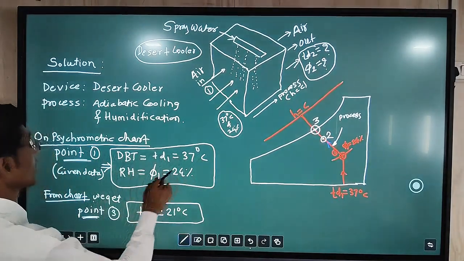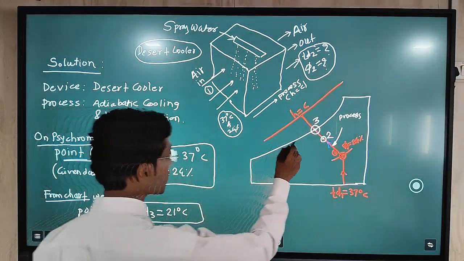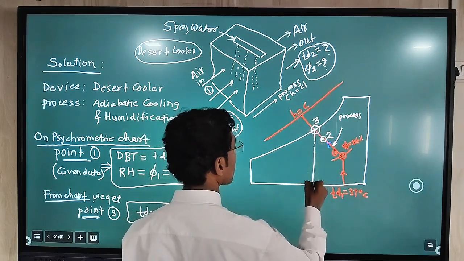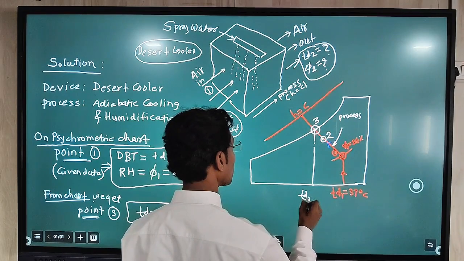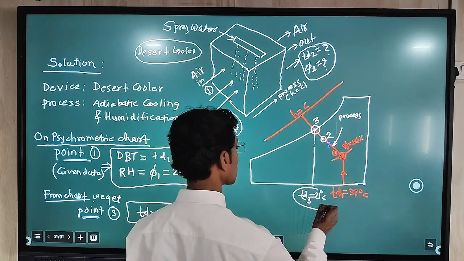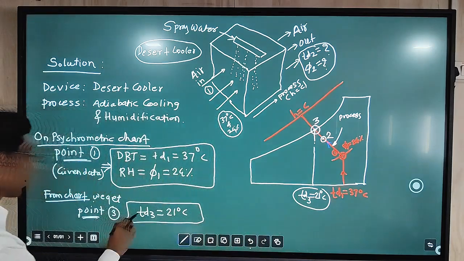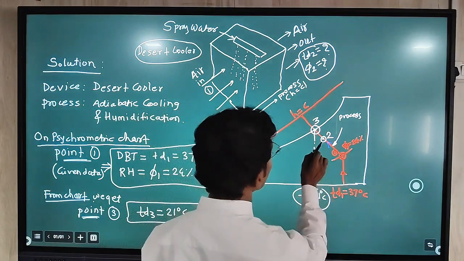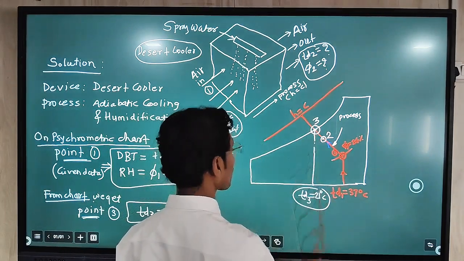Here this is the given point we have enlisted. Now from the chart we have got the temperature, that is TD3, 21 degree Celsius. So that we have written here. Now with the help of these two temperatures we can find the temperature of point number 2.